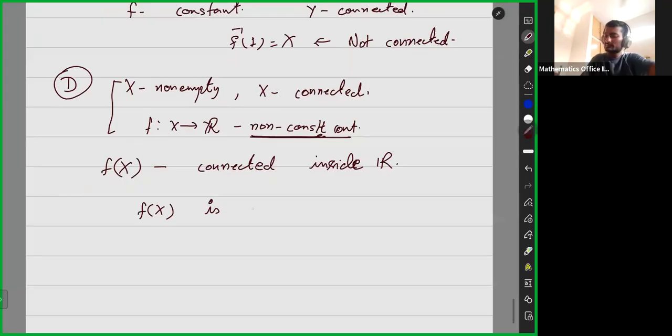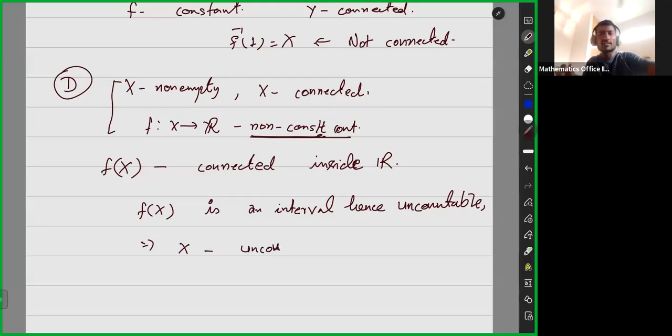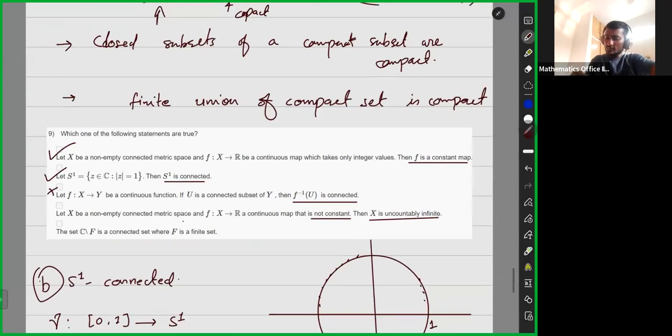So this implies X is also uncountable. Something which has an uncountable image should already be uncountable. Otherwise, that will give us a contradiction. So D is also correct.